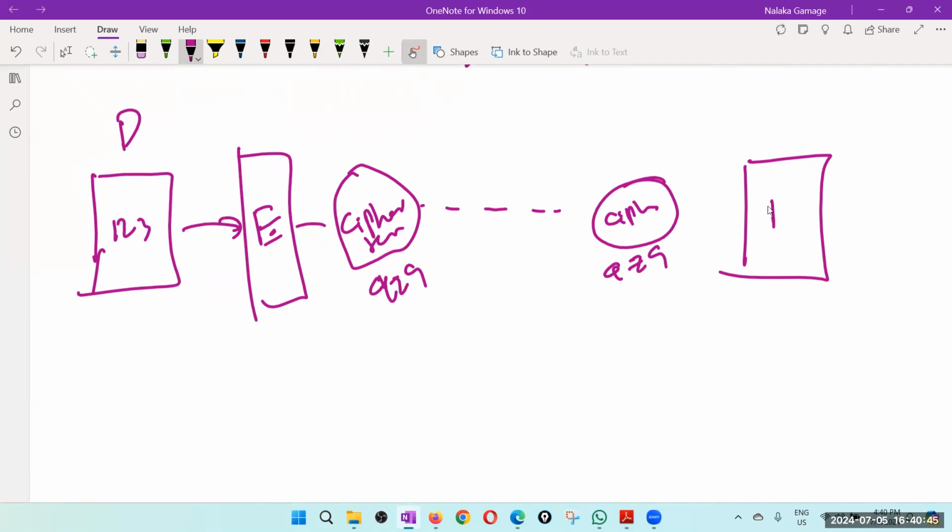That is now decrypted to get the plain text back. That is 123, like plain text. So that is called decryption. So plain text is encrypted to ciphertext at the sender, and it is decrypted to the plain text back at the receiver.